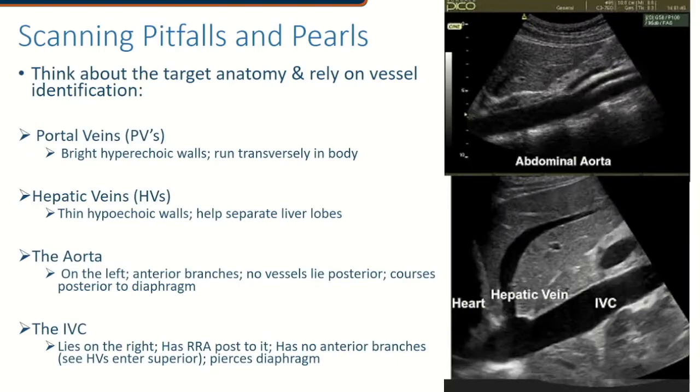We've talked about the differences in these vessels, so I'm going to skip over this but remind you that these anatomic references are going to be very important landmark vasculature structures for you: the portal veins and the hepatic veins in the liver, and then our great vessels, the aorta and the IVC.